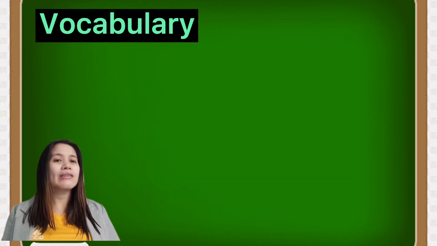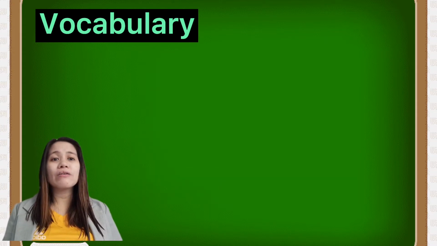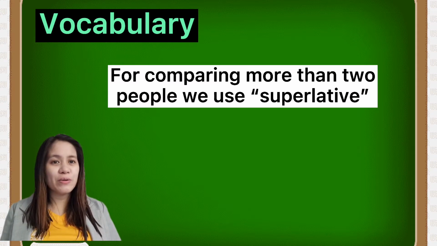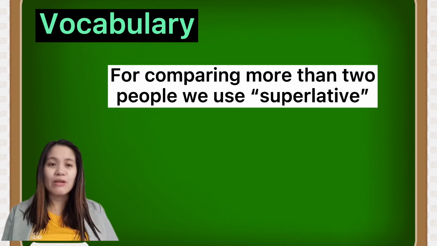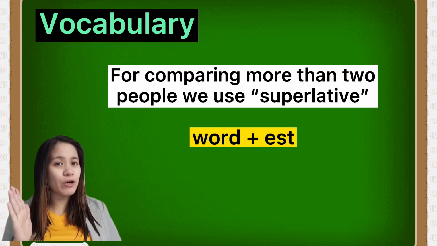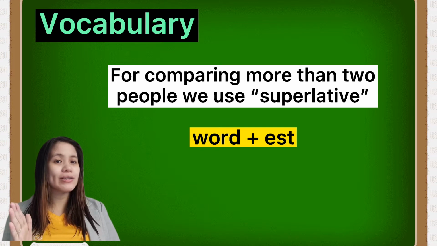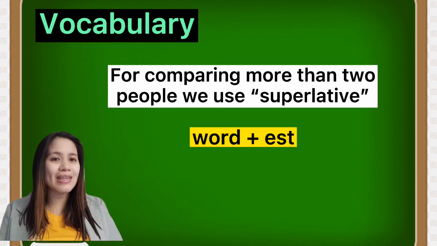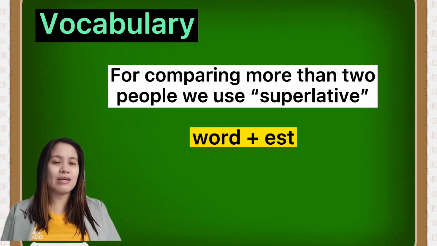Very good. Now, for comparing more than two people, we are going to use the superlative. So we are going to add EST to the adjective words or the comparing words, and that is superlative.